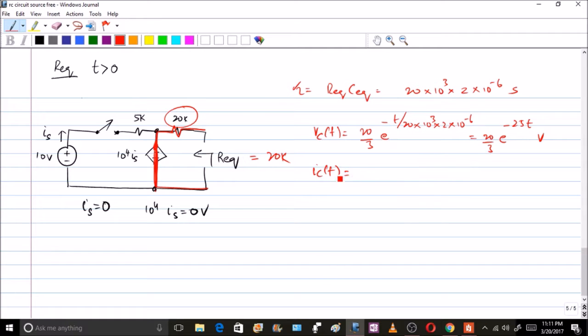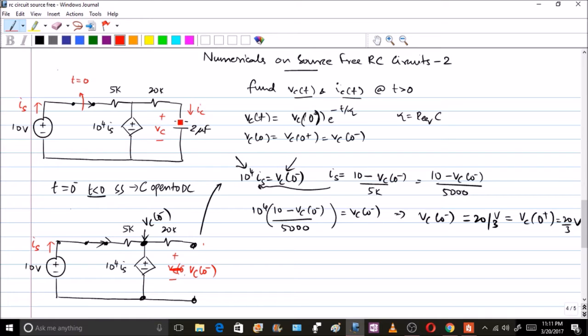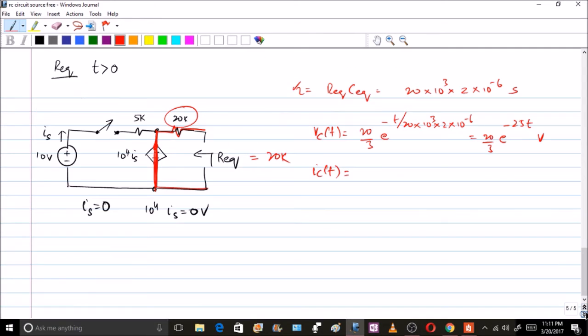Now IC of t, you know that based on this polarity, IC is in this direction and VC is in this direction. In this particular polarity, IC is C dVc by dt. In case the polarity was different, or the current IC was in a different direction, you would have to put a negative sign. So this is C dVc by dt.